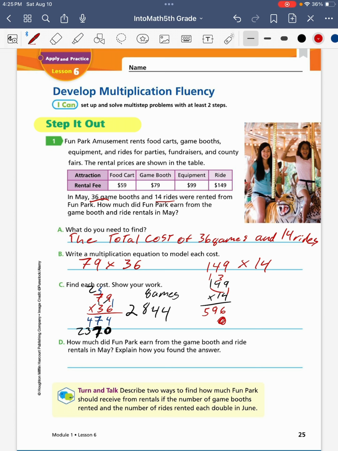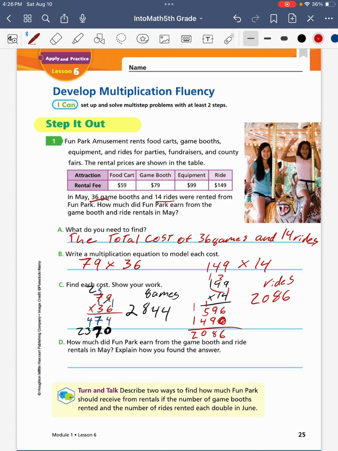Now I multiply out my tens, put a placeholder 0, 1 times 9 is 9, 1 times 4 is 4, and 1 times 1 is 1. Add this all up, 6 plus 0 is 6, 9 plus 9 is 18, 1 plus 5 is 6, plus 4 is 10, 1 plus 1 is 2. 2,086 for the rides.